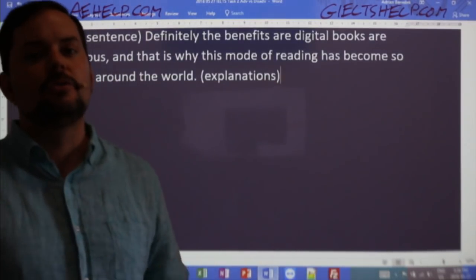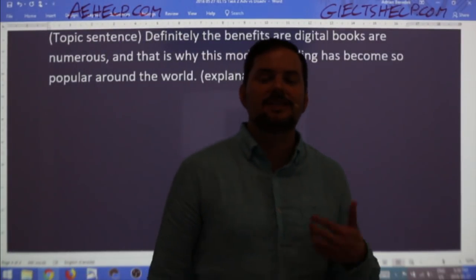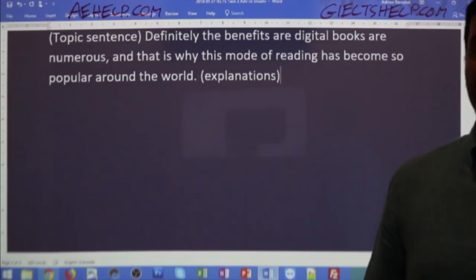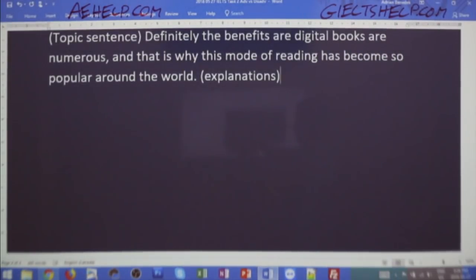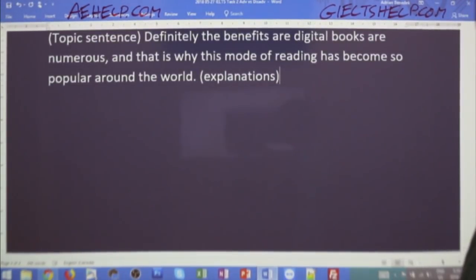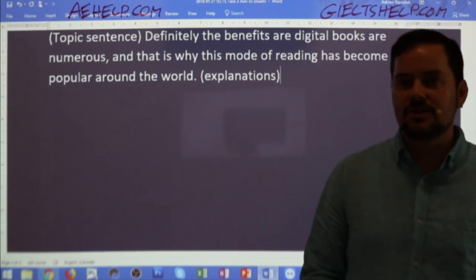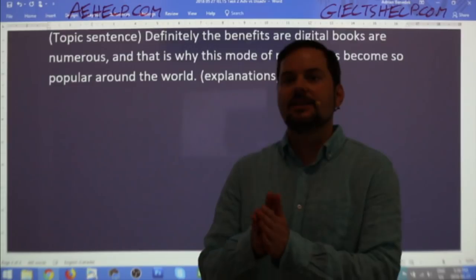A lot of students use these kinds of leading expressions like first or firstly, secondly, and they use them in places where they shouldn't. But in this case, it's good to use it because you're making a list of the advantages and emphasizing that there's a lot of advantages to consider which outweigh the disadvantages.